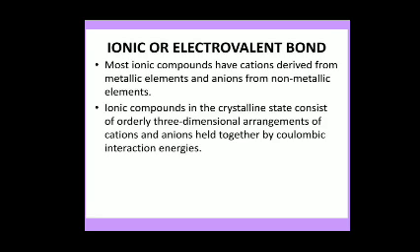How is an ionic bond formed? A chemical bond formed by complete transfer of one or more electrons from one atom to another atom is called an ionic bond.